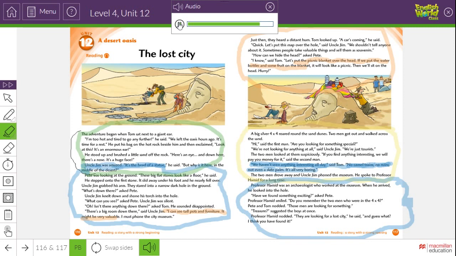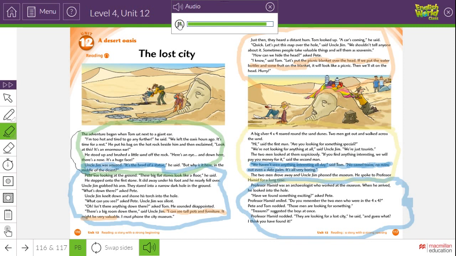Professor Hamid was an archaeologist who worked in the museum. When he arrived, he looked into the hole. "Have we found something exciting?" asked Pete. Professor Hamid smiled. "Do you remember the two men who were in the 4x4?"